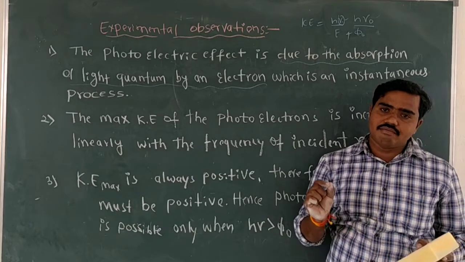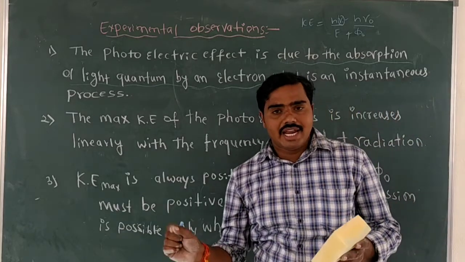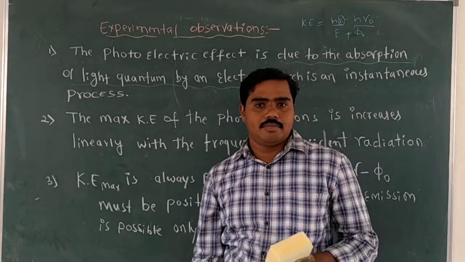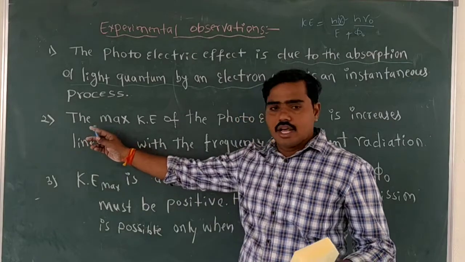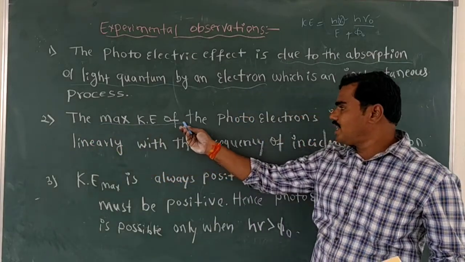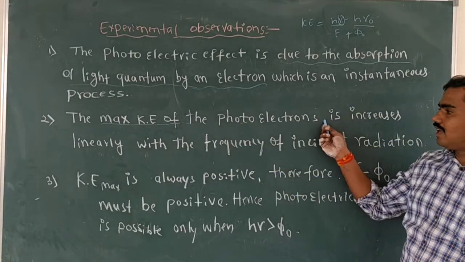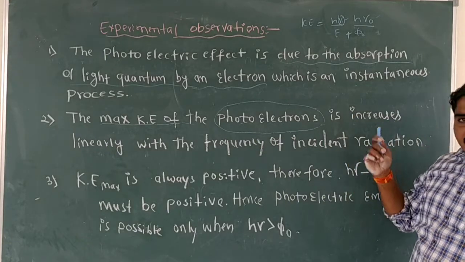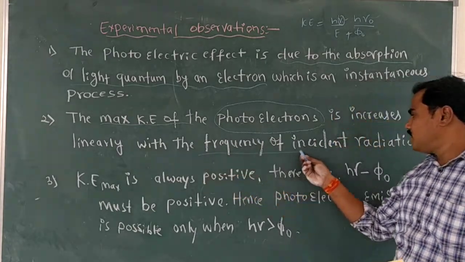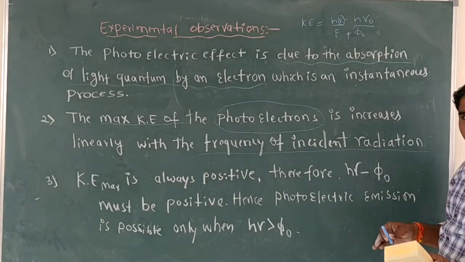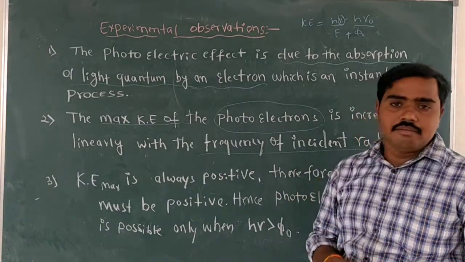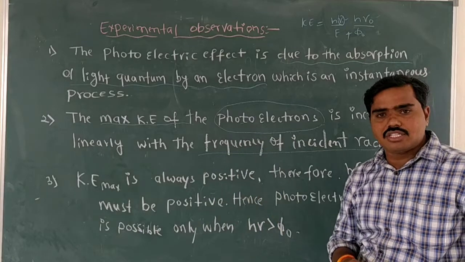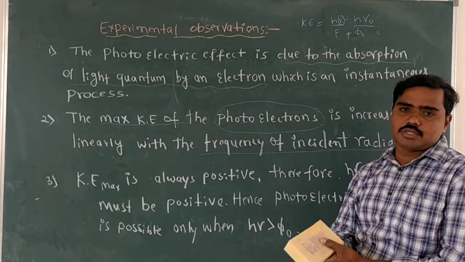Observe here, the maximum kinetic energy of the photoelectrons, nothing but the liberated electrons, increases linearly with the frequency of incident radiation. This is the second observation.